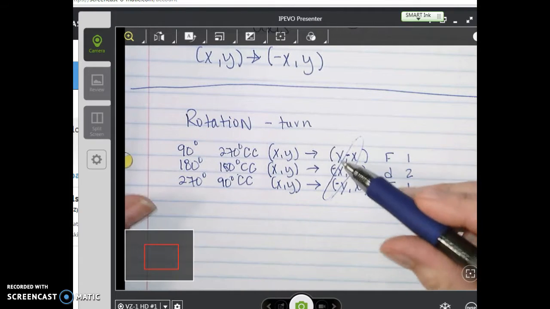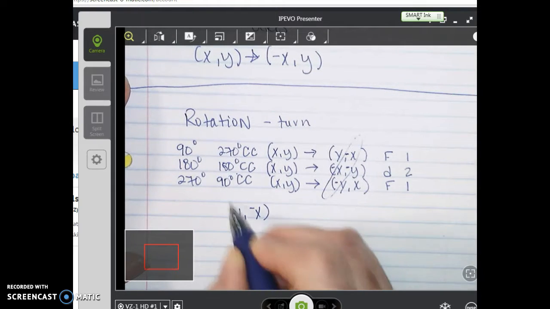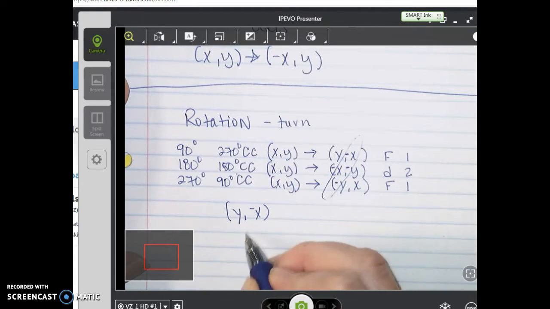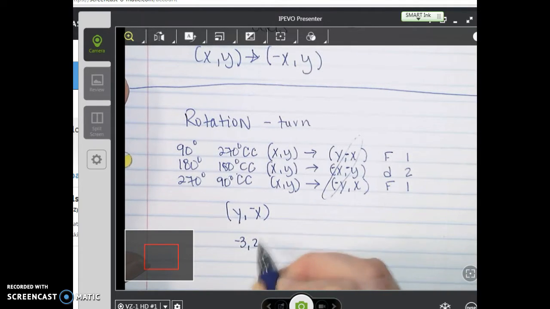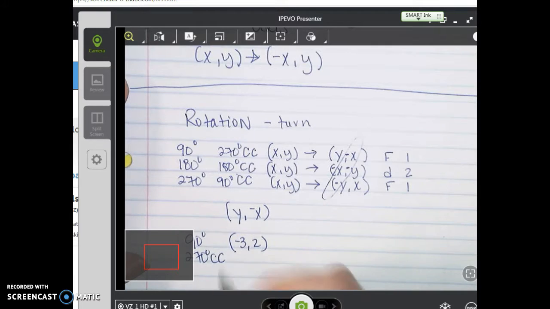So what does y comma negative x mean? Well, first of all, it means you're going to flip the numbers. And second, it says y's sign, positive or negative, would not change, but the sign for x will. So for instance, if you had negative 3, 2, and I did a 90 degree or 270 degree counterclockwise rotation, they're the same, and use those ordered pairs, what would I yield?